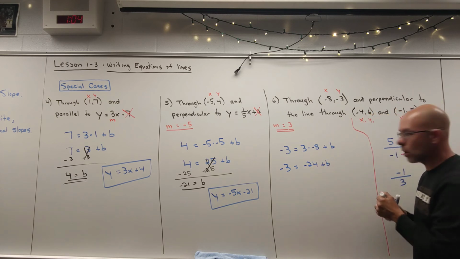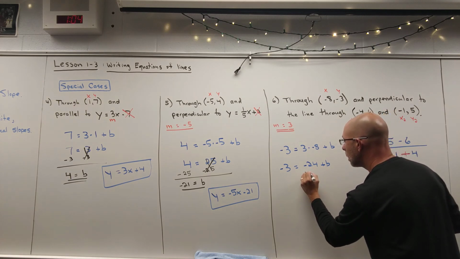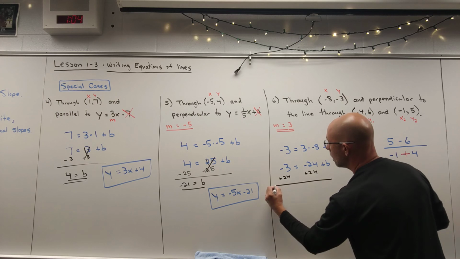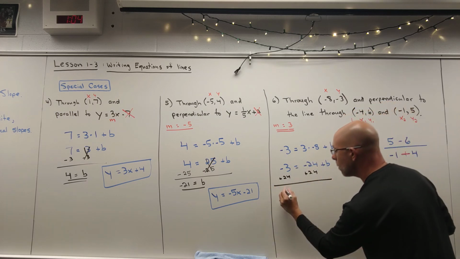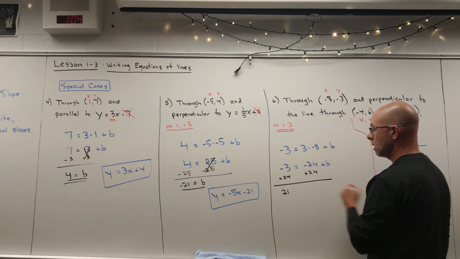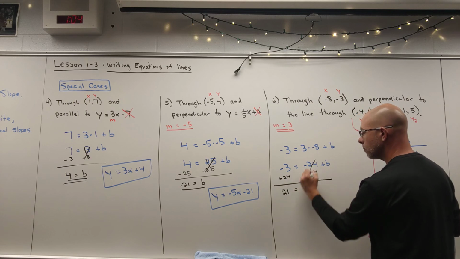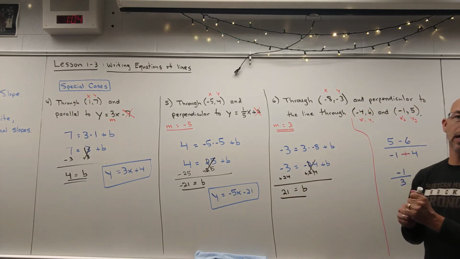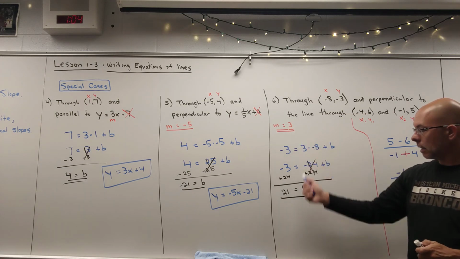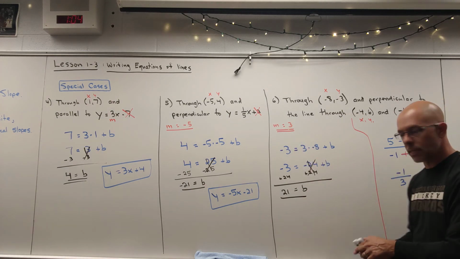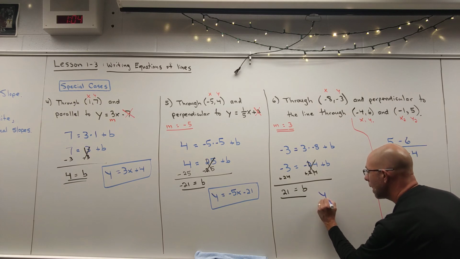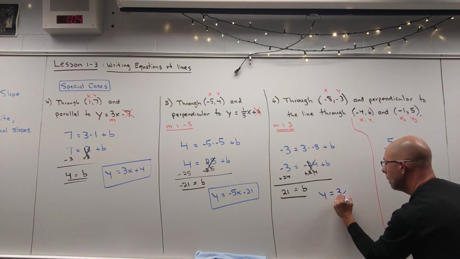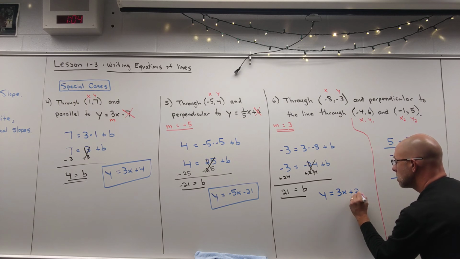Folks, we are going to add 24 right here. -3 plus 24 is 21 equals -24 plus 24 cancels b. B is 21. As soon as I have the m and the b for that line, I write the equation. Y equals m x plus b is 21.